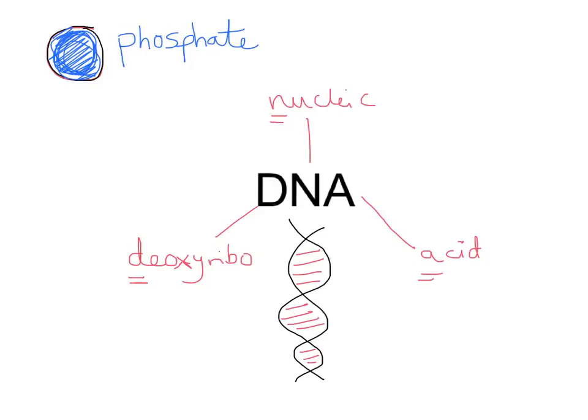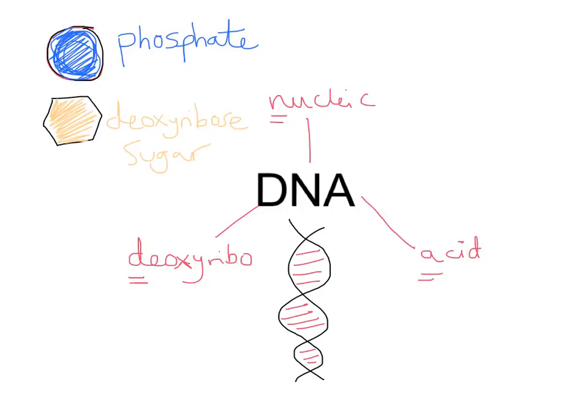So we have phosphate within DNA. Just drawing different shapes to visually make the different parts stand out. So we have what's called deoxyribose sugar. Not to be confused with RNA, which is ribonucleic acid. So this is a different kind of sugar.